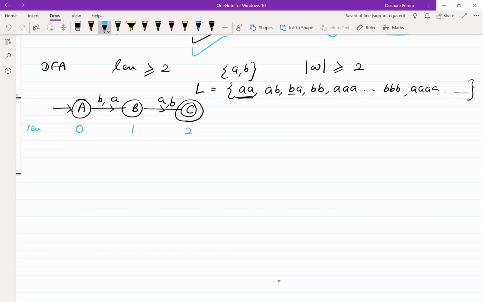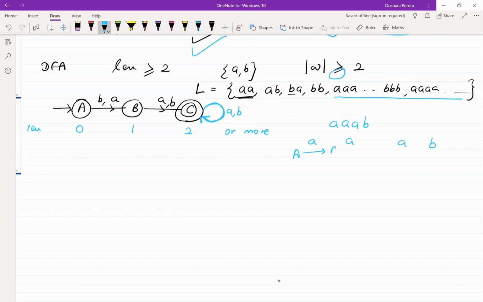Then we have this equals mark as well. That means anybody who is greater than 2 is also accepted. Because of that, anybody who comes after that, 2 or more, should come back to C. You can think of the string AB.